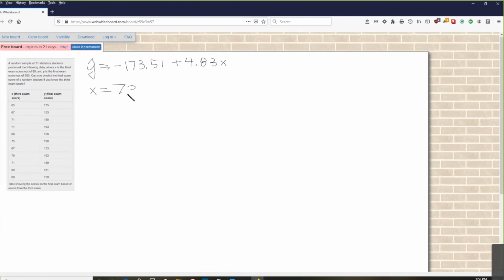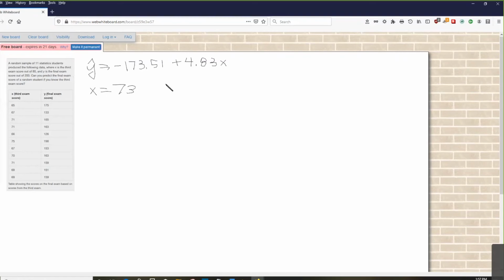Now, because our values range between 65 and 75, we can substitute in the value of X equaling 73 and solve for Y to get our final expected score.